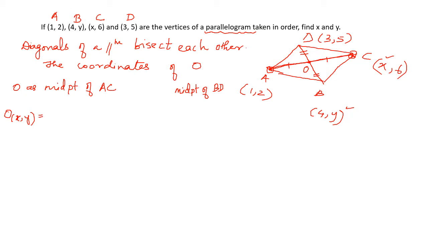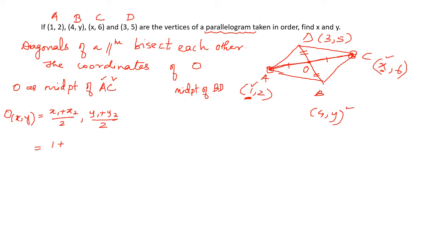What does the midpoint formula say? You have to just add the x terms: (x1 plus x2) by 2, comma, (y1 plus y2) by 2. That is of A and C. Midpoint of AC means points A and C. For point A, the x value is 1, so 1 plus.